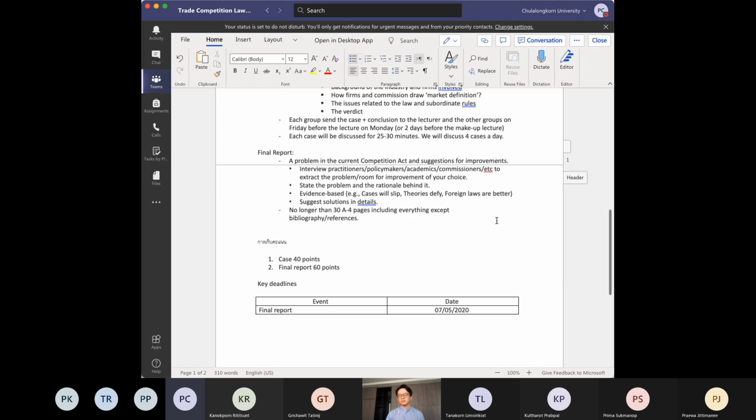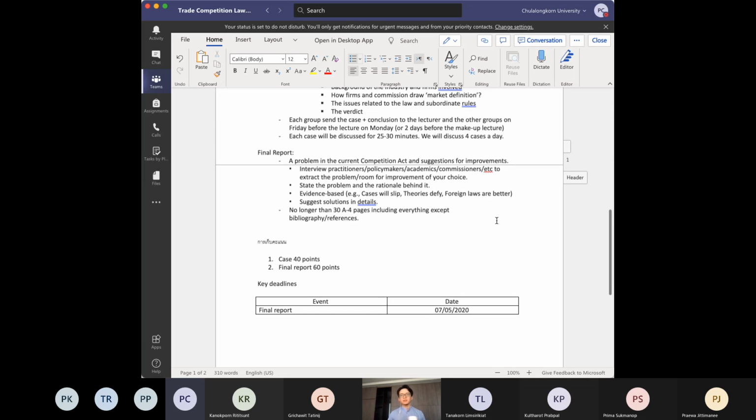Or you say that this is the way foreign laws handle this sort of abuse of dominance, but this is what we say about it, and you can point out that our approach has some flaws, and these flaws are quite dangerous, so probably we need to fill a gap. That's possible as well. And eventually you suggest solutions, like we should amend the act in this particular way in order to solve these problems.